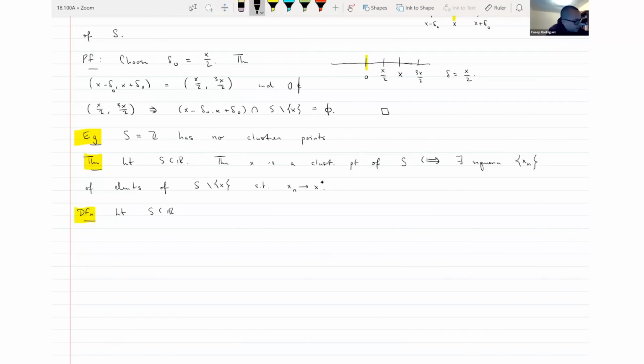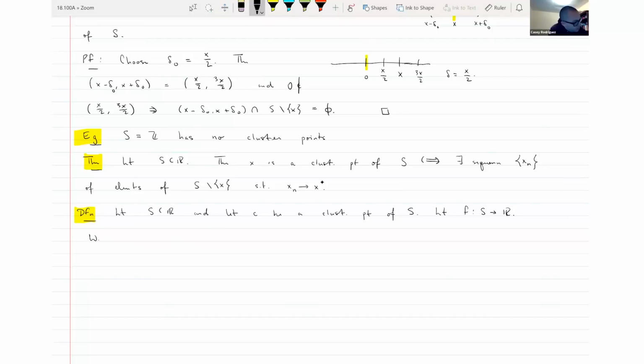Let S be a subset of R. And even though I was referring to cluster points earlier as X, we're now going to switch over to C. Let C be a cluster point of S, and let F be a function from S to R. All right.